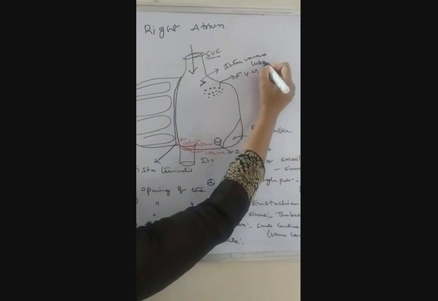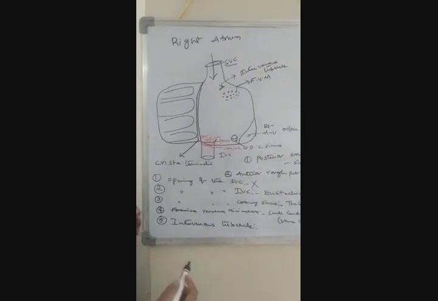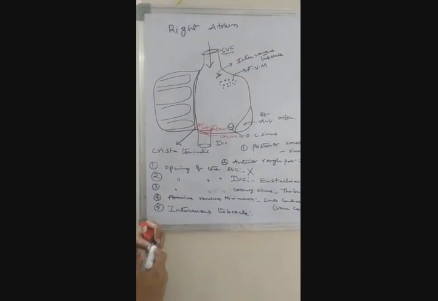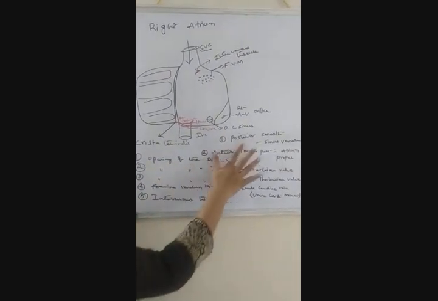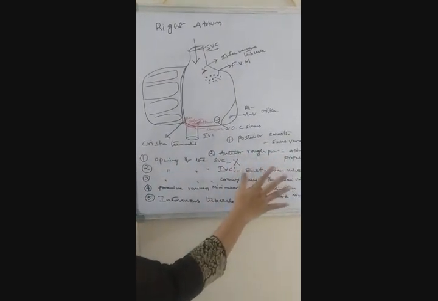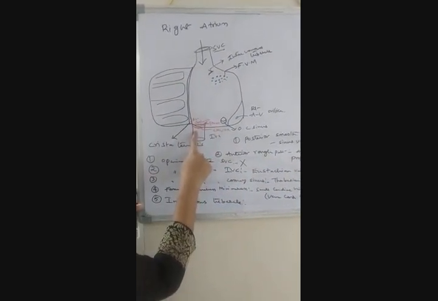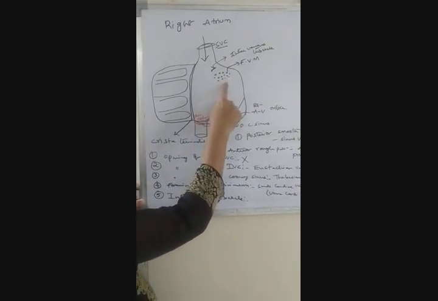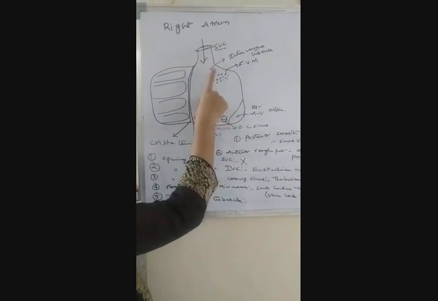It is not prominently seen in humans, but in the lower animals it is very prominently seen in the interior of the right atrium. So that is about the posterior smooth part, the sinus venarum. We will have the opening of the superior vena cava, the opening of the inferior vena cava, the opening of the coronary sinus, the foramina venarum minimarum, which are all small cardiac vein openings, and the intervenous tubercle.